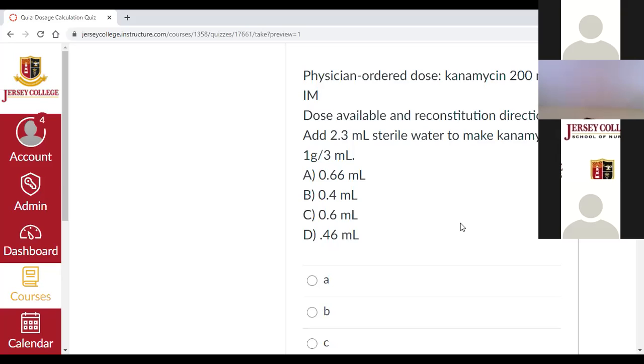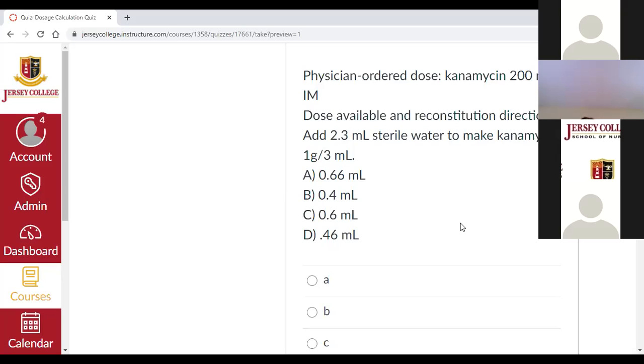So let me see. Because I was comparing this to question 2. Question 2 is also an IM injection. There's also an IM route, which is also an injection. But that one was approximated to the nearest 100. So if this had come out to be like 0.66, then you would have to round it up to 0.67.